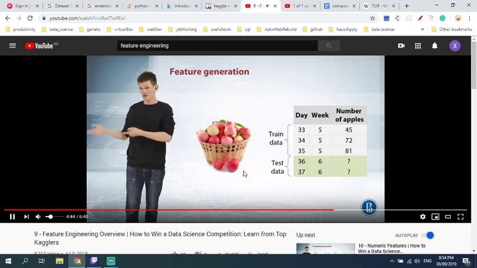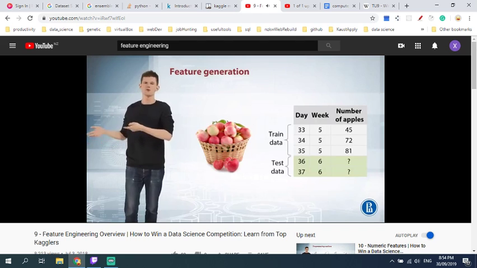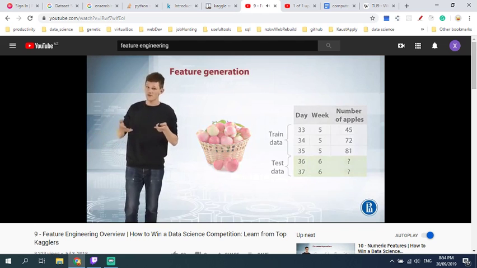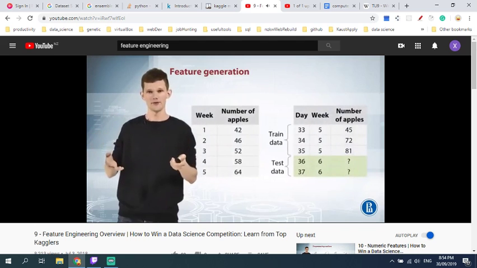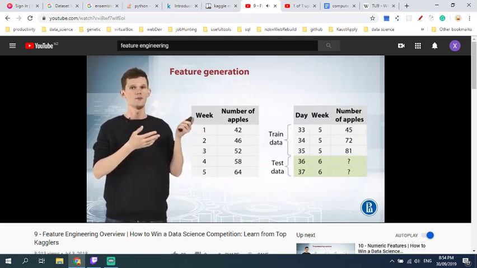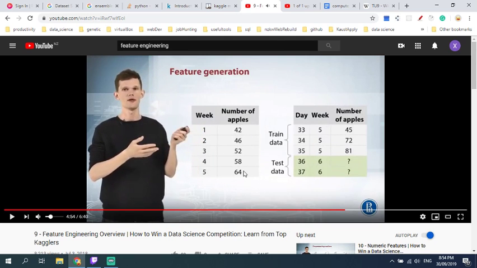On the other hand, a gradient boosting decision tree will use this feature to calculate something like the mean target value for each week. Here, I calculated mean values manually and am printing them in the data frame.